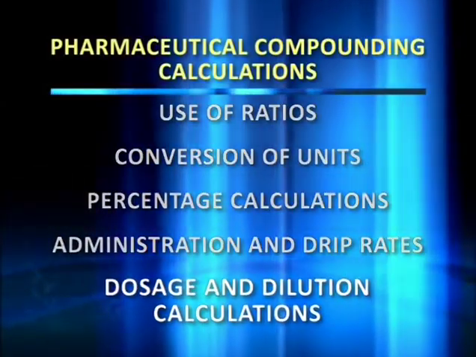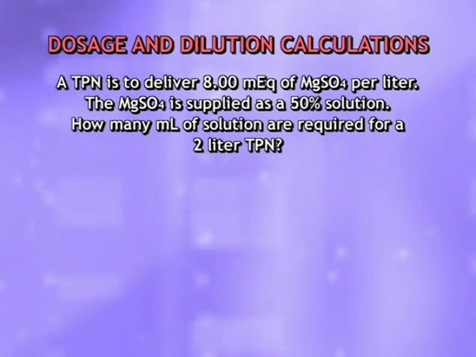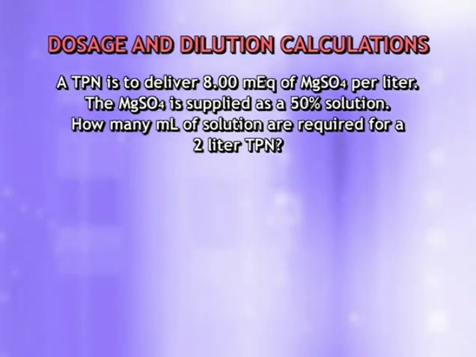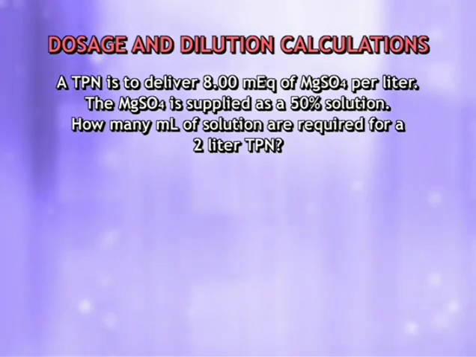Dosage and dilution calculations. Dosage and dilution calculations are solved by setting up one or more equations using ratios. A TPN solution is to deliver 8 milliequivalents of magnesium sulfate per liter, which is supplied as a 50% solution. How many milliliters of solution are required for a 2-liter TPN?